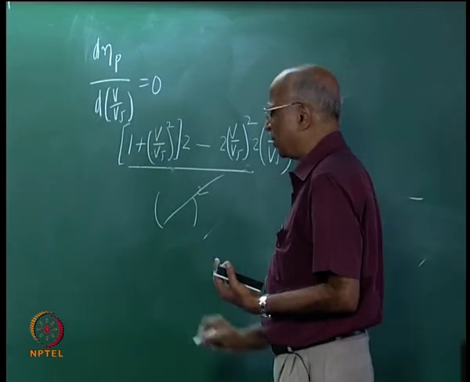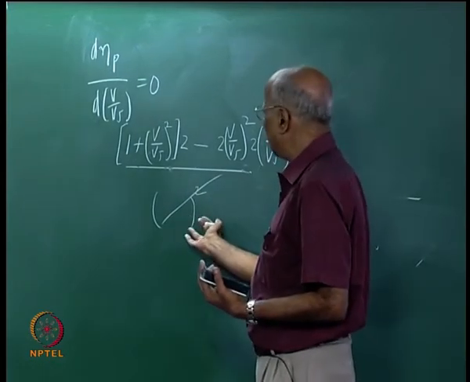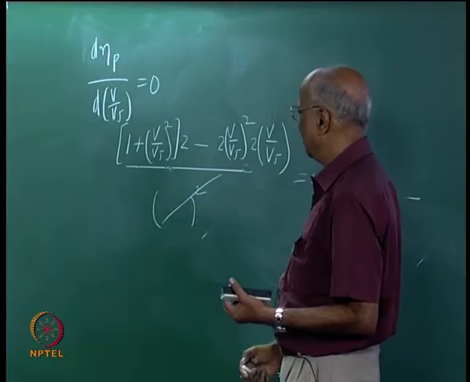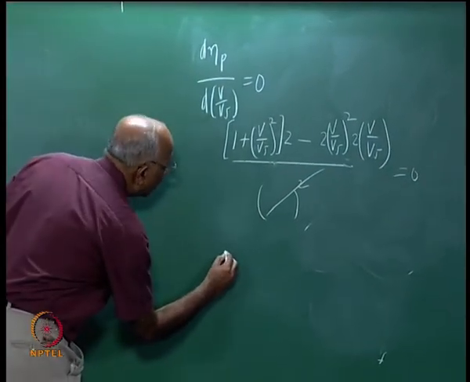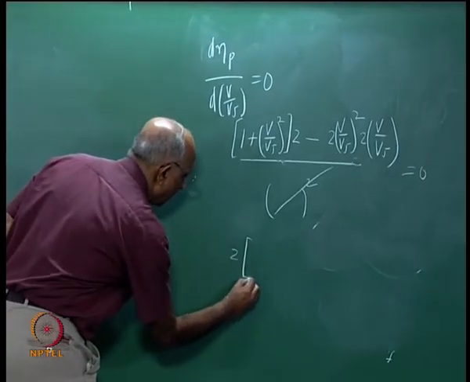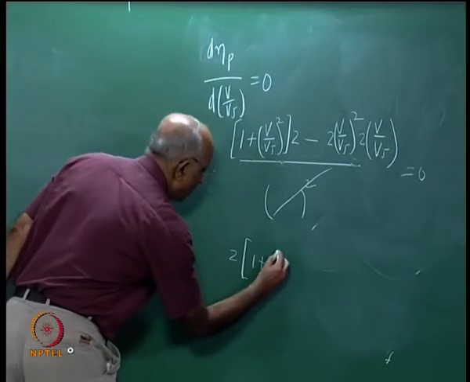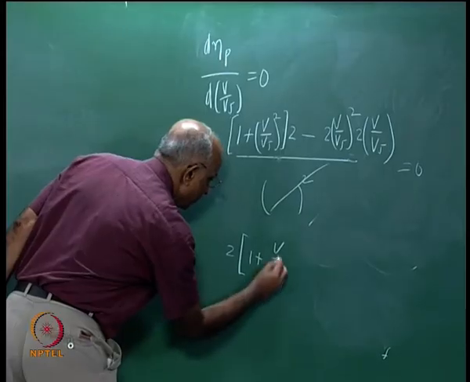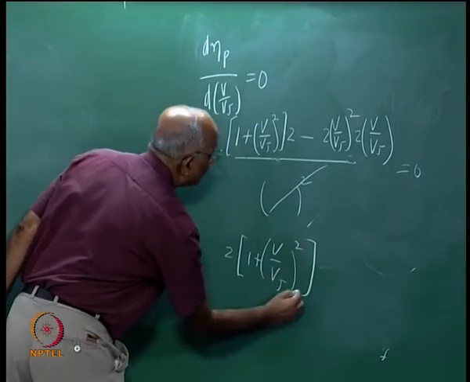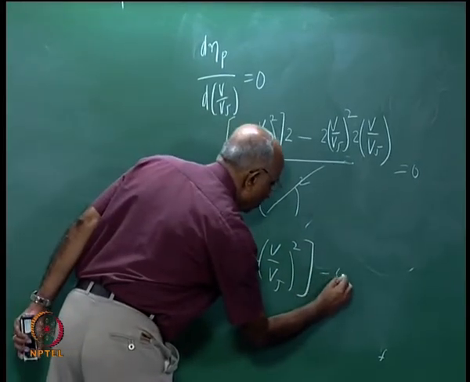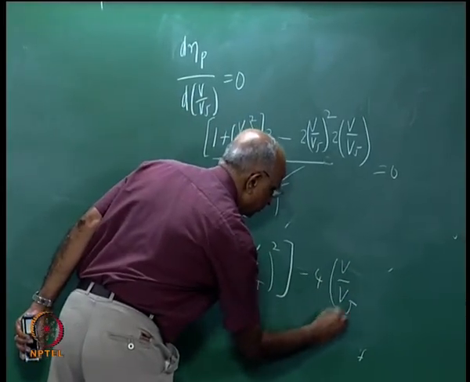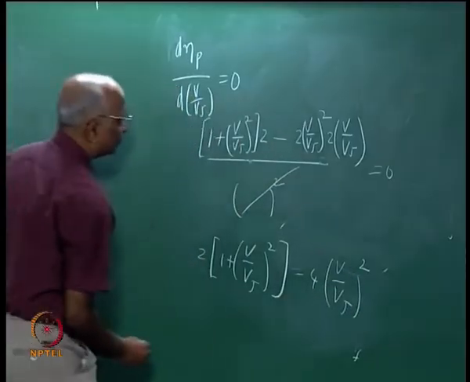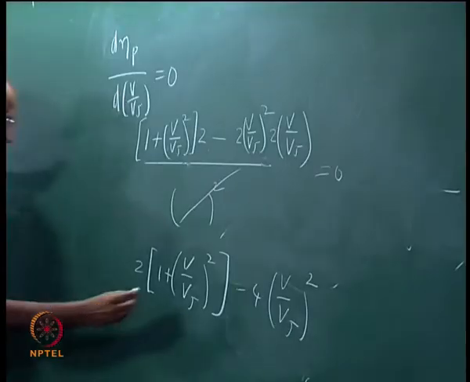Therefore, I do not really want to write 1 plus V by Vj whole square over here, and so what does it give me? It gives me 2 into 1 plus V by Vj whole square minus 4 into V by Vj square is equal to 0.